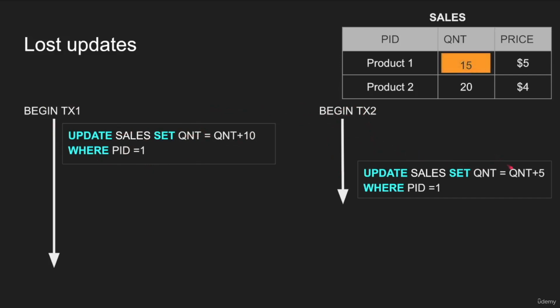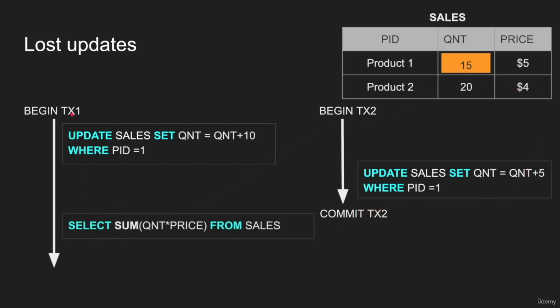So now what it will do is take the 10 plus 5 and store it into the product. So now we have 15, and we lost the value here. That's what happens in this situation. Now we commit the transaction. Transaction 2 was faster, so it committed, and now we have the value 15.